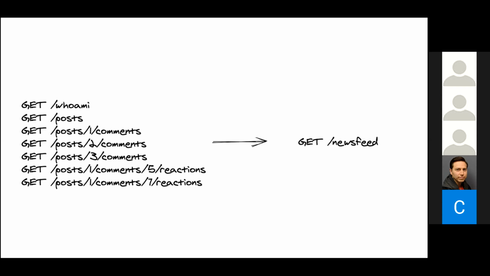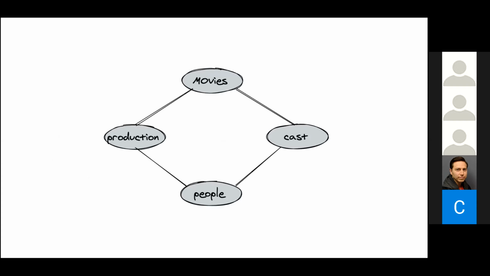Another thing to note is with the Star Wars API, for example, you could see that data is not really organized in flat lists. When you're looking at a bunch of characters, you might care about the films that they're in. In this case, if you're creating something like a Netflix, you might have movies, and those have cast members, and each one of those cast members is a person.